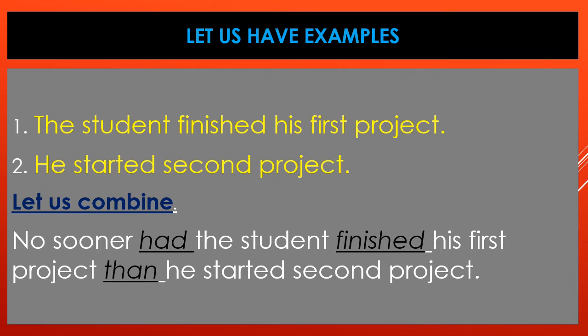Okay, children, I already explained the changes that have been made when you want to use no sooner than. So let us see the sentence that we have shown in the previous slide. The student finished his first project.